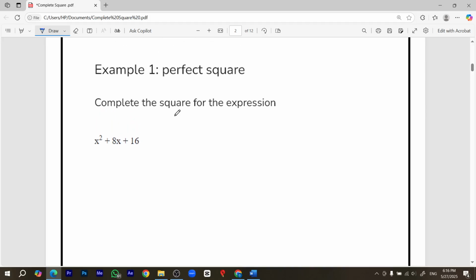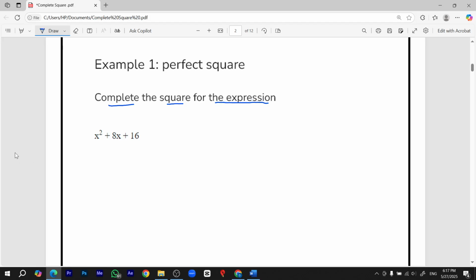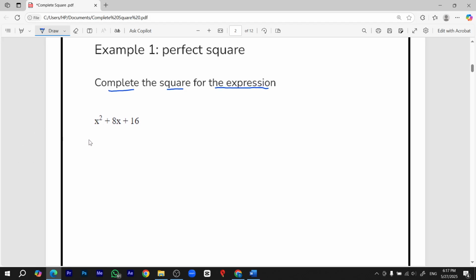Let's try an example. Example number 1, perfect square. Complete the square for the expression. First I will draw a bracket and put x to the power 1 plus the coefficient of x divided by 2, which is 4, with the power outside the brackets.